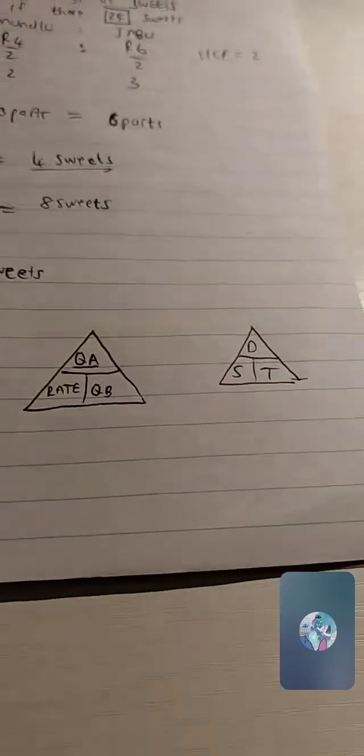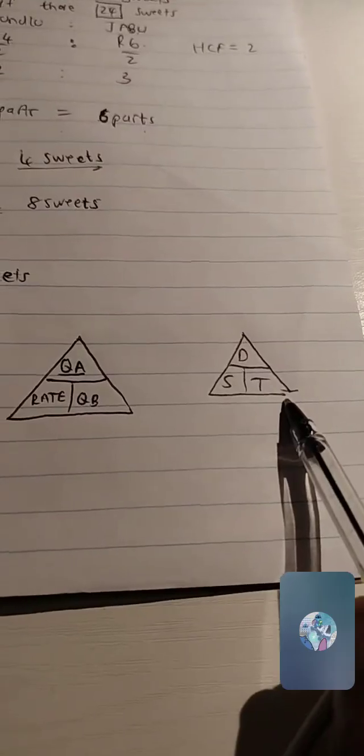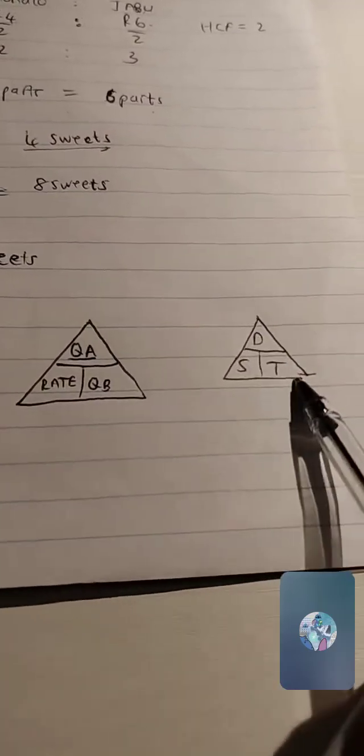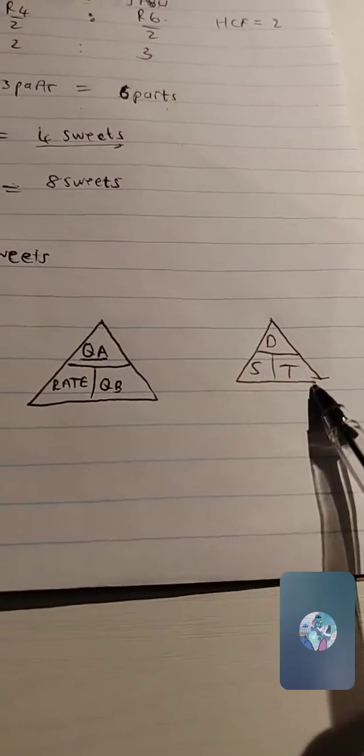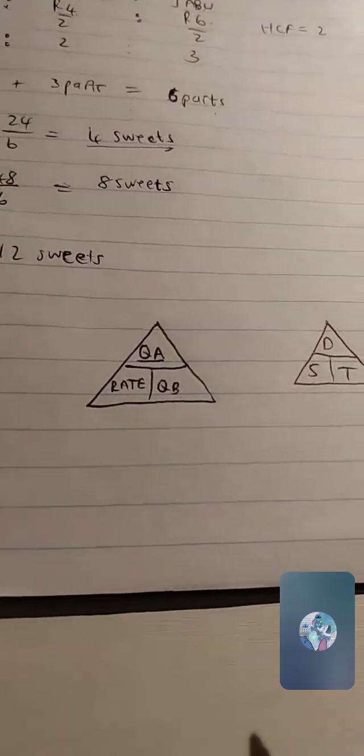This is just one example out of many rate type scenarios you can have. So DST is just an example of one of the rates.